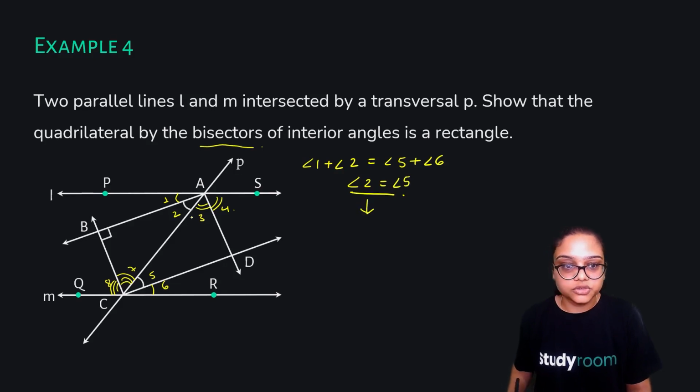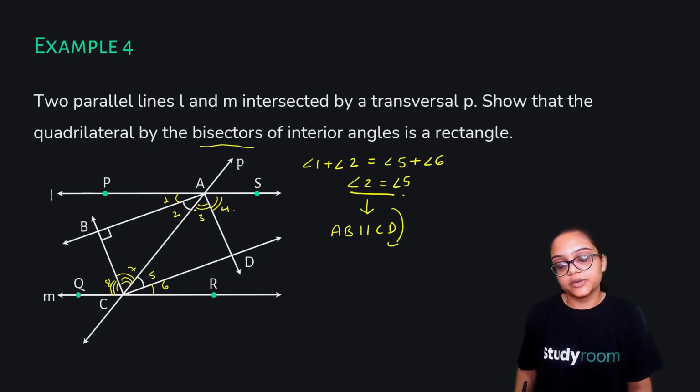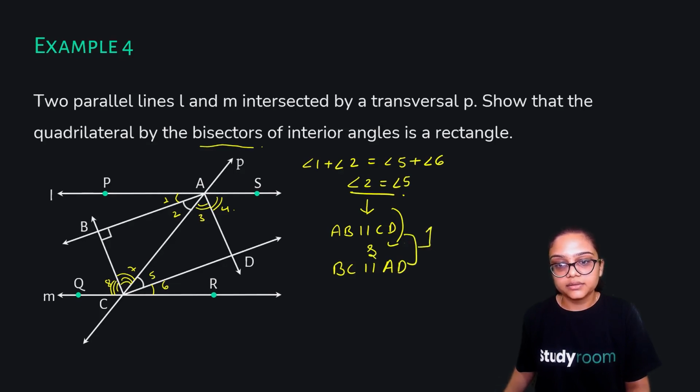And from this conclusion, we can say that AB is parallel to CD, taking the same P as transversal. It's also concluding BC is parallel to AD, because it's acting as an alternate angle for them. So both conclude that ABCD is a parallelogram.